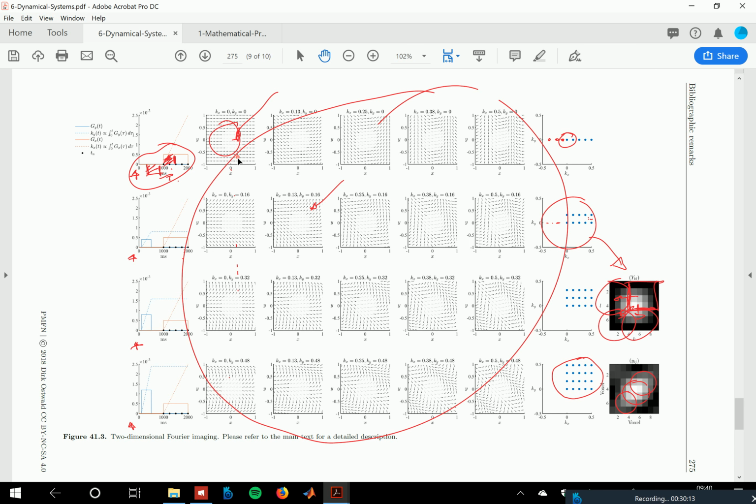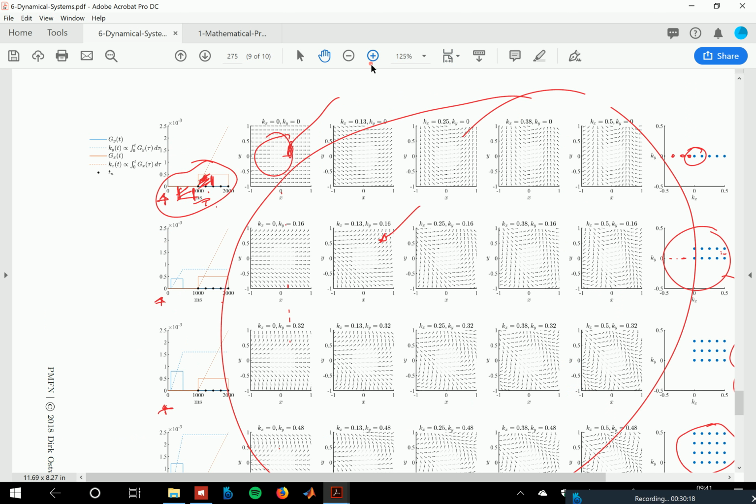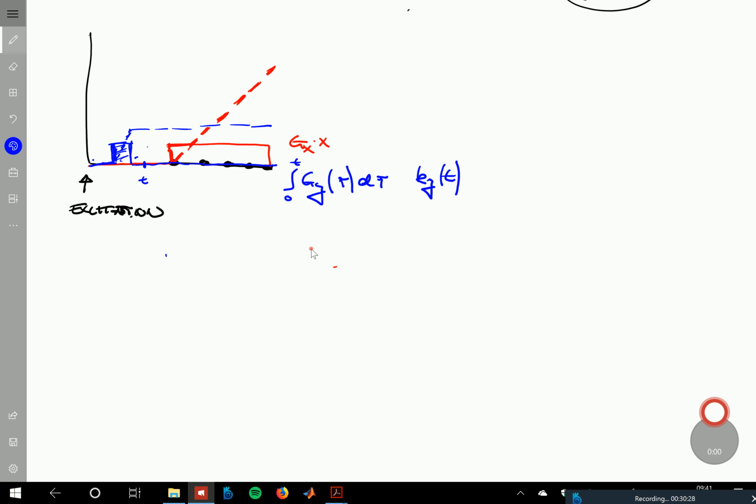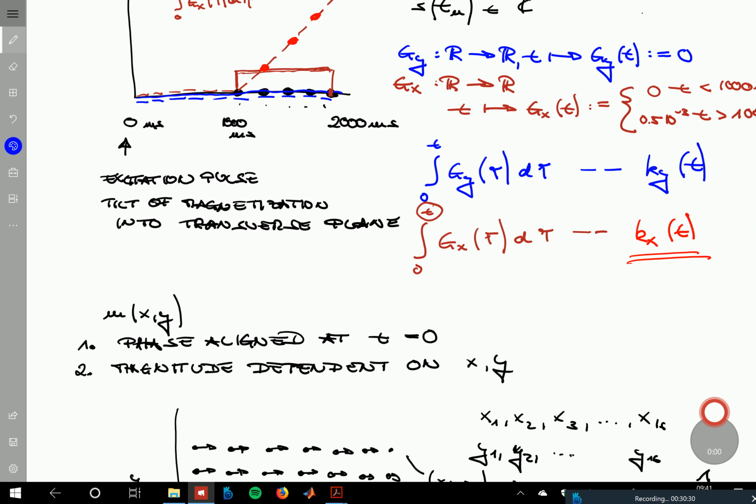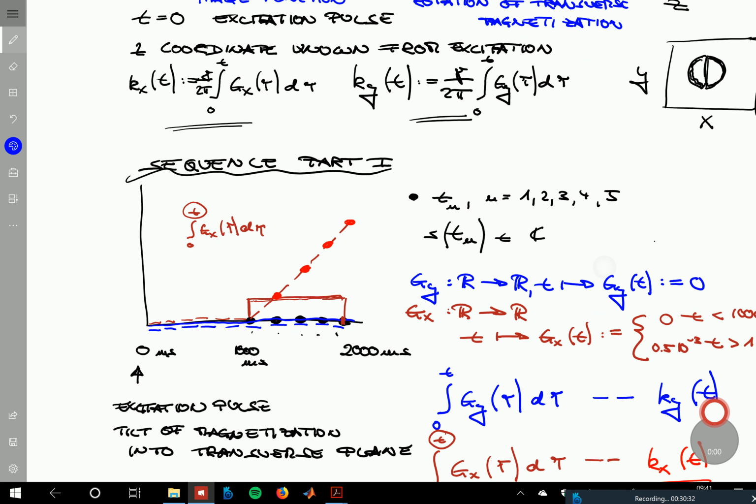The example that we discuss here, maybe let's go to the bigger one that I drew myself, is one where we fill each line of K-space, in the Y direction, using a different excitation.